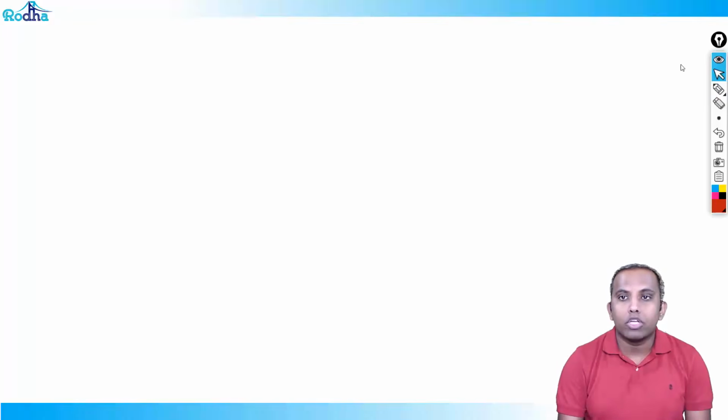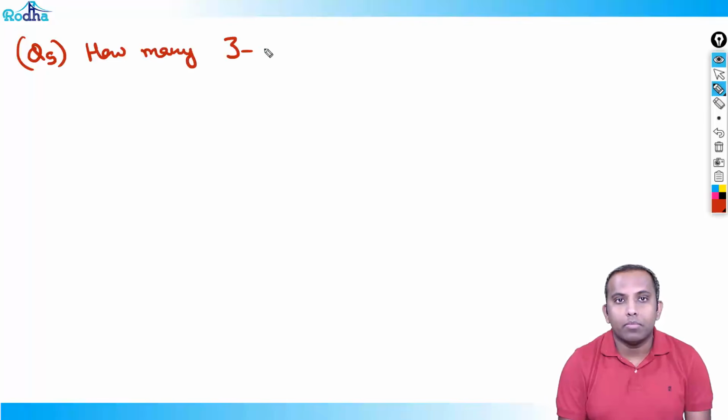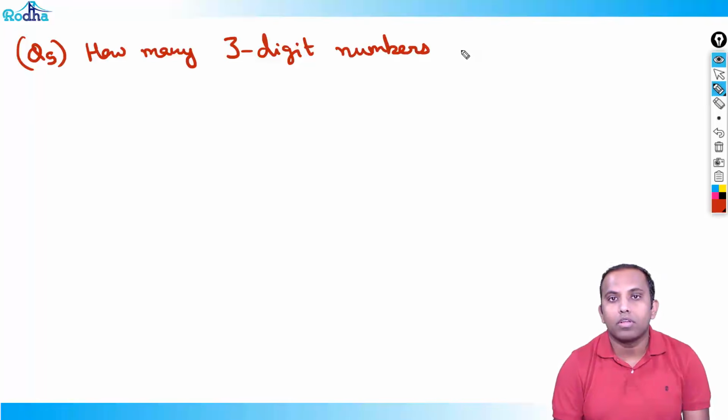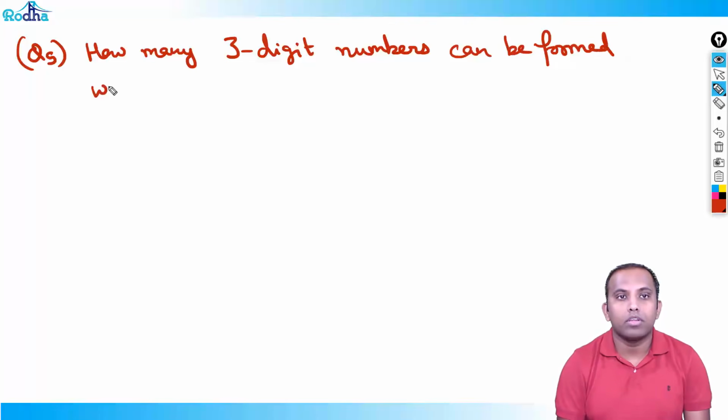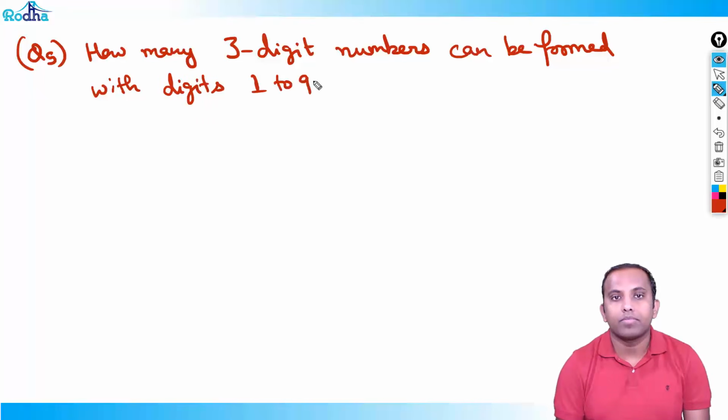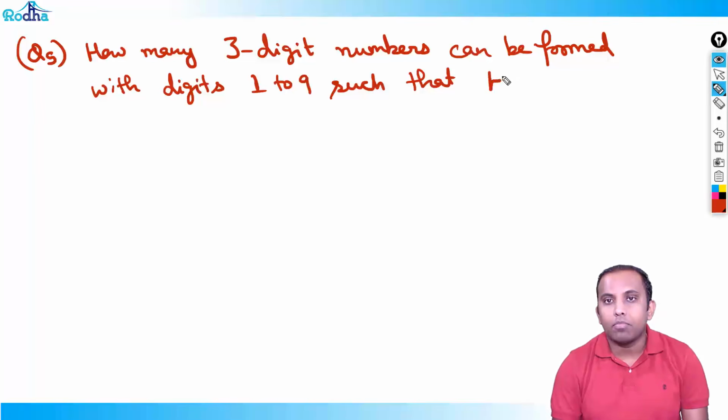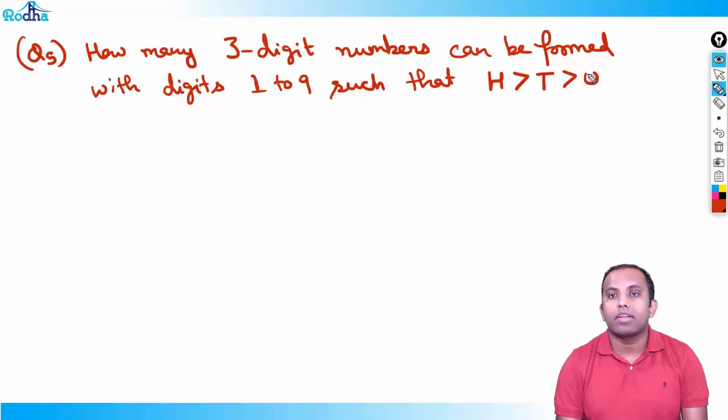Okay, so let's move to question number 5 now. Question 5: how many 3-digit numbers can be formed with digits 1 to 9 such that the hundreds place is greater than the tens place, which is greater than the ones place?